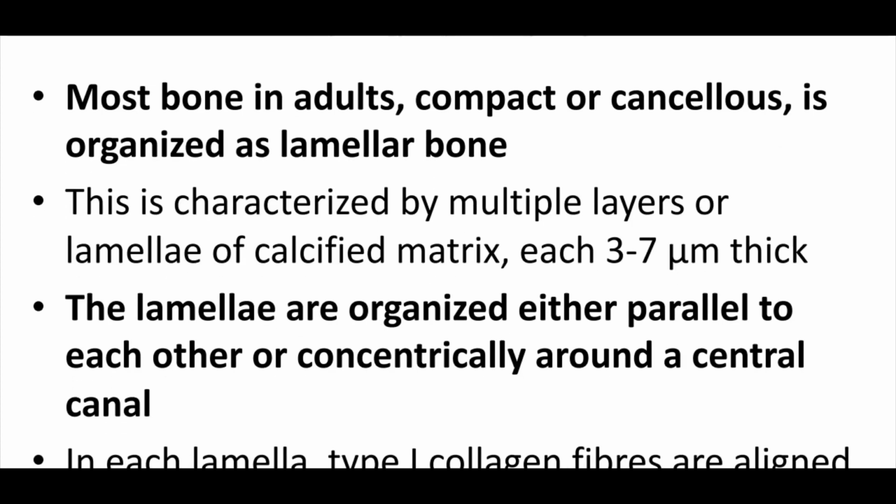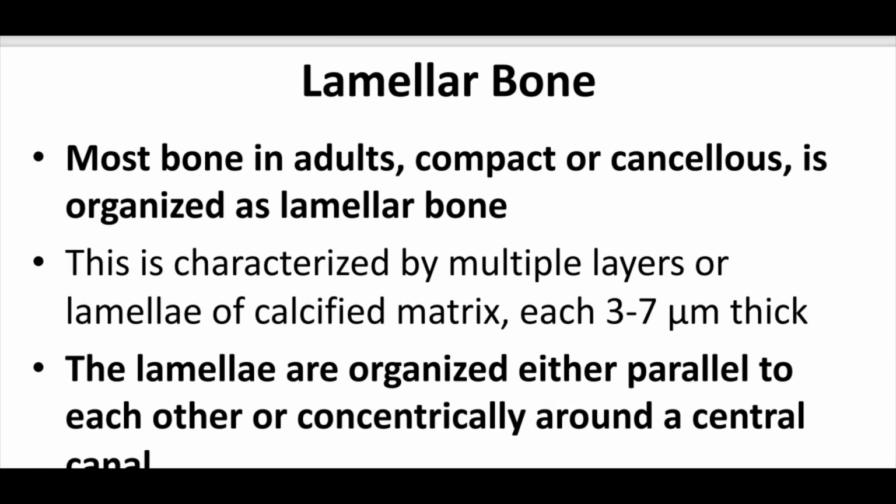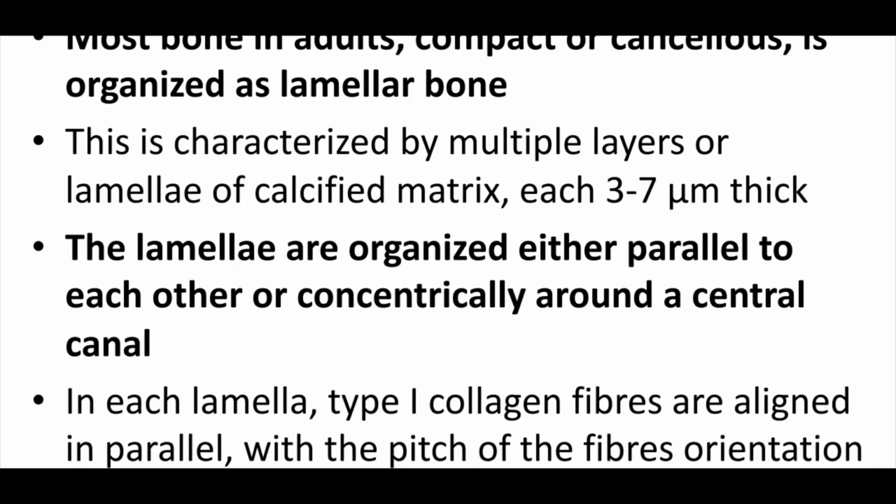So lamellar bone is the most common bone in adults. Compact or cancellous bone is organized as lamellar bone. So when you look at compact bone, histologically it is organized as lamellar bone. This is characterized by multiple layers of lamellae of calcified matrix. The lamellae are organized either parallel to each other or concentrically around the central canal.